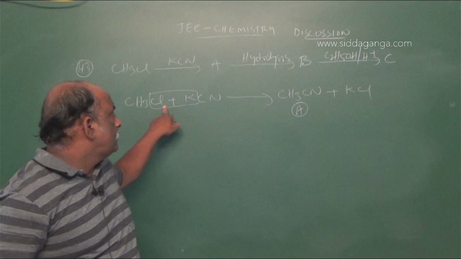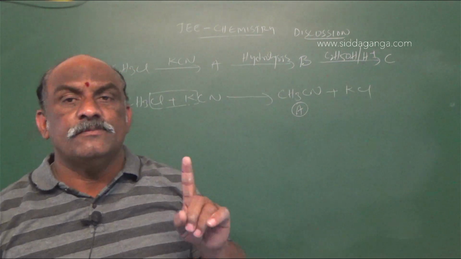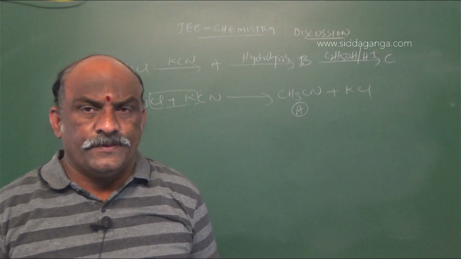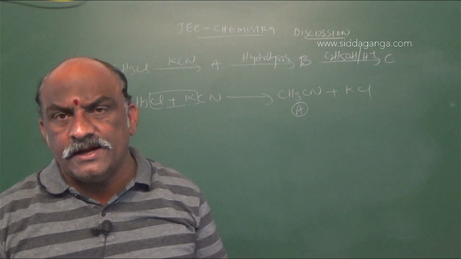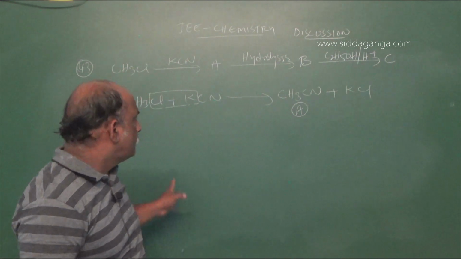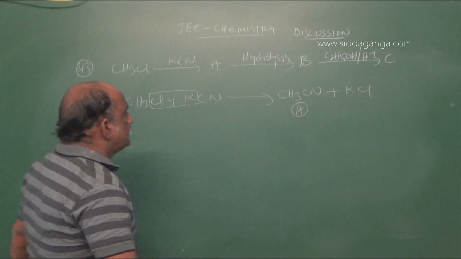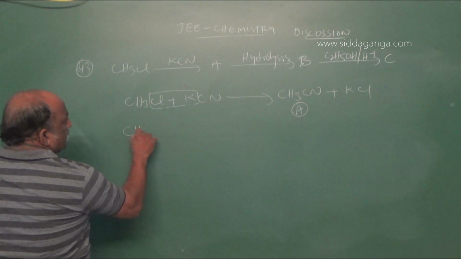In place of KCN, if you go with AgCN, then the answer is methyl isocyanide. KCN gives cyanide, AgCN gives isocyanide. But according to our question, A is methyl cyanide.